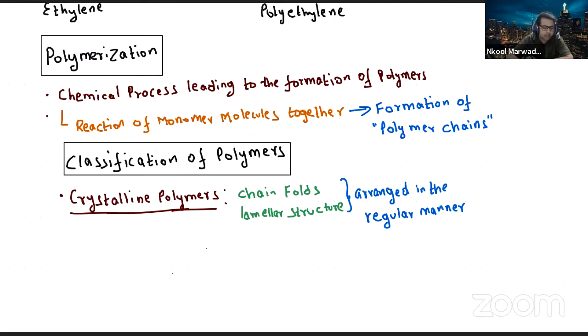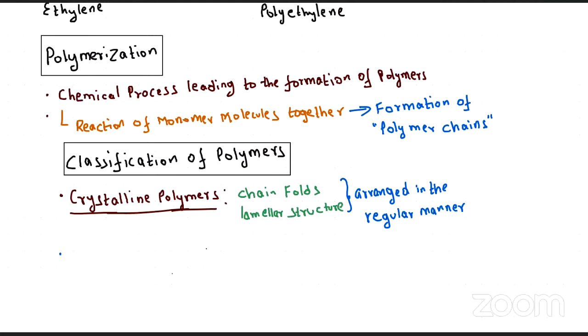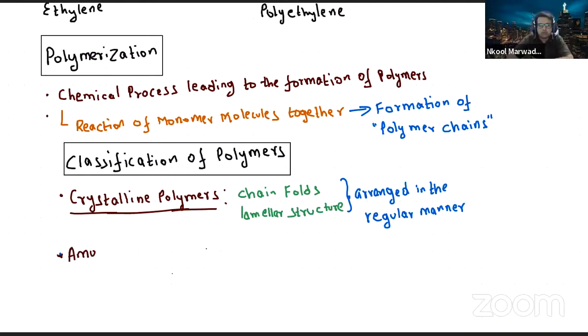Now we have amorphous polymer. Here the polymers are in amorphous form, and as the name suggests, amorphous means it does not have a regular structure.